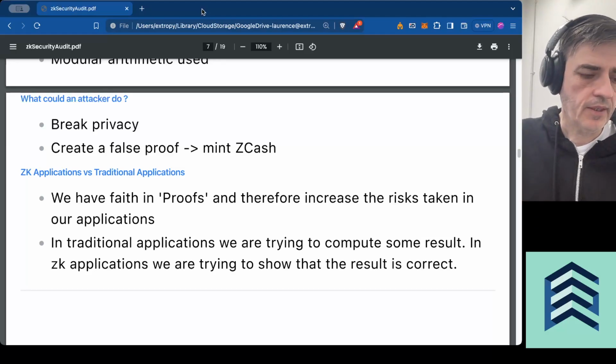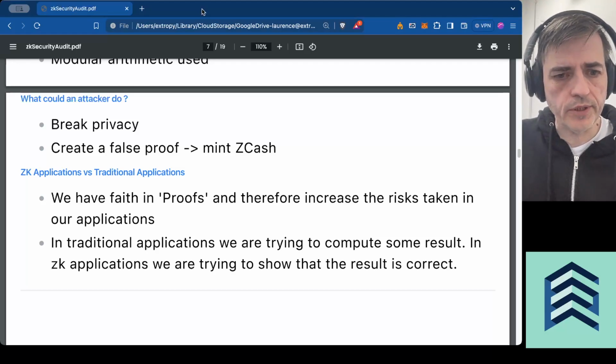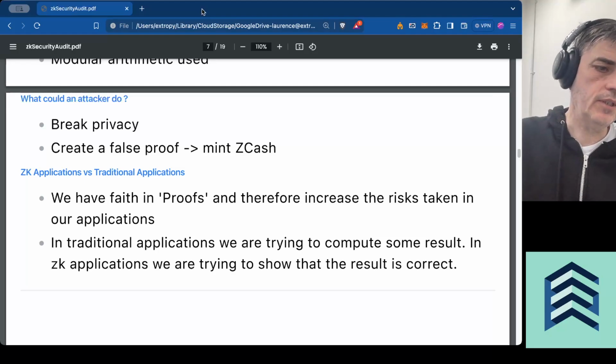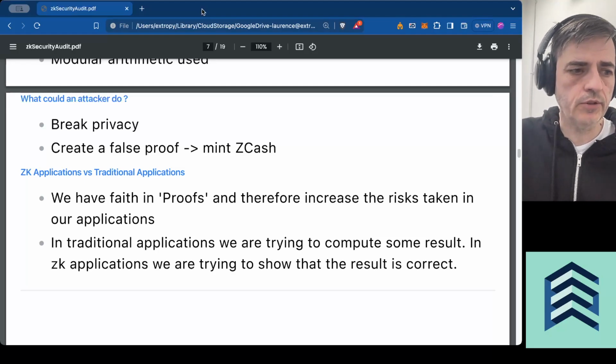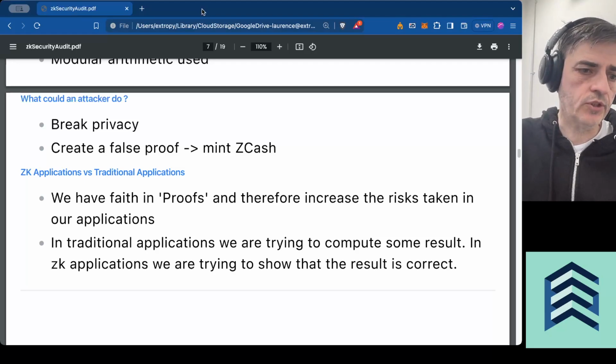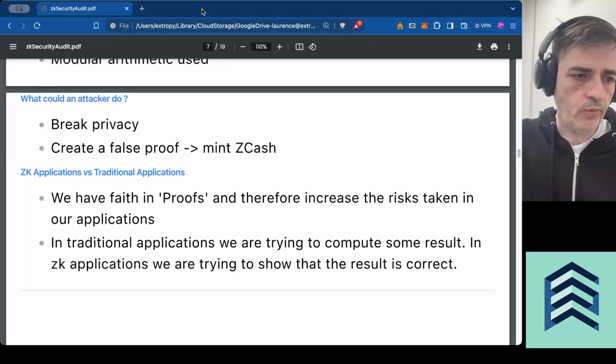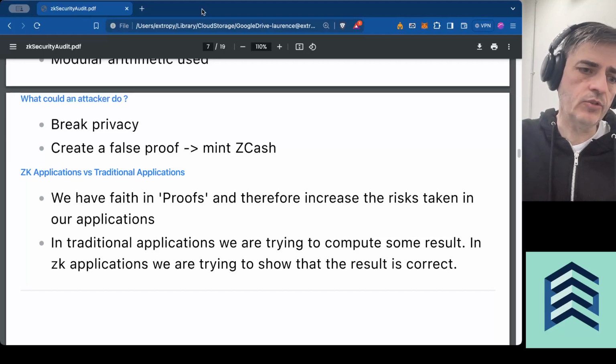They've created a false proof of this, but because of a flaw in the system, this would be accepted by the verifier. And to put this in more concrete terms, if we look at a project such as Zcash, the zero-knowledge proofs in Zcash are used to show that the transactions are being executed correctly and to show that invariants are being checked. So when we have a transfer of Zcash between two addresses, then the zero-knowledge proofs are there to prove that that is being done correctly, that we're not creating tokens out of thin air.